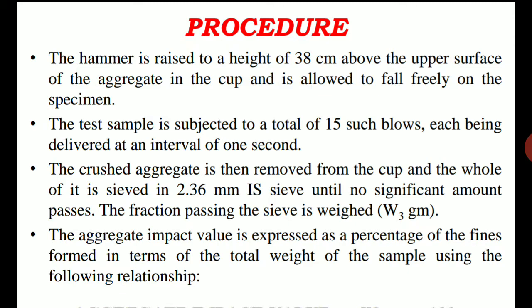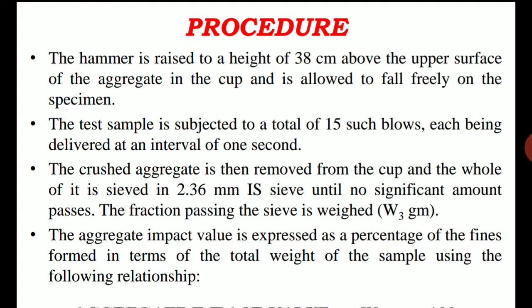Okay, after providing 15 blows, we will lock up the handle with the hammer and take down the cup with aggregate. Now we'll take out the aggregates from the cup and sieve them through the 2.36 mm IS sieve.